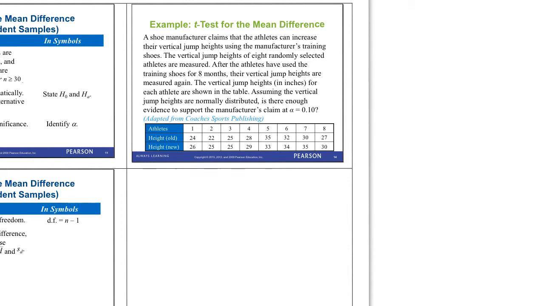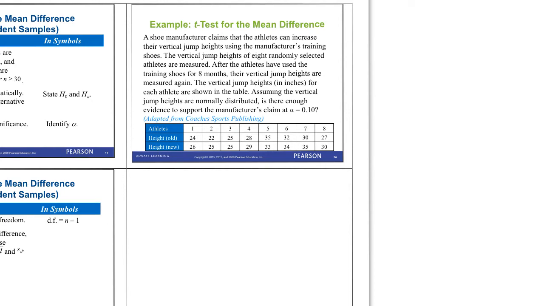So the vertical jump heights of 8 randomly selected athletes are measured, and then after they wear those shoes for a period of 8 months, their jump heights are measured again. So now we want to know, if the vertical jump heights are normally distributed, is there enough evidence to support that manufacturer's claim?